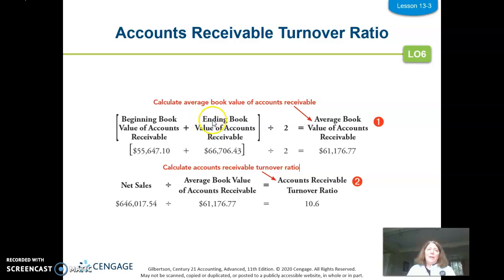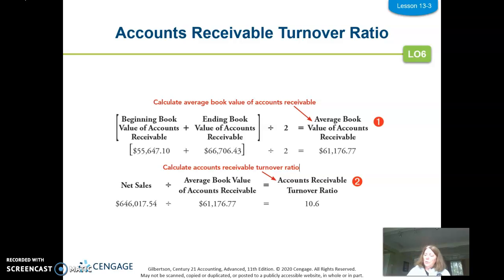Just one last reminder, do not forget book value is accounts receivable minus the allowance for collectible accounts. So when we've done this whole calculation, we get 10.6. And that 10.6 means that accounts are being collected 10.6 times per year. And we need to determine whether or not that's good or bad.